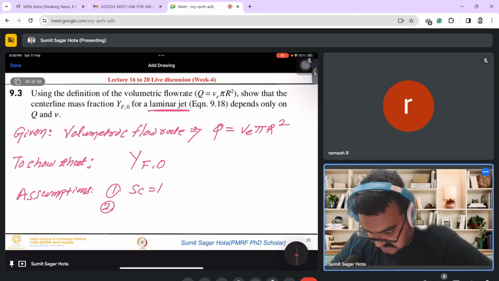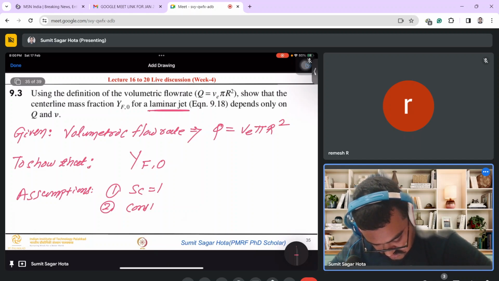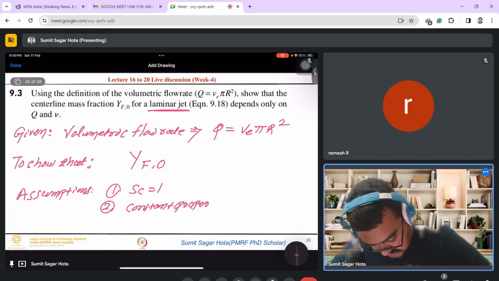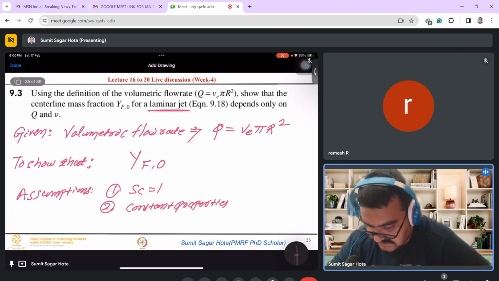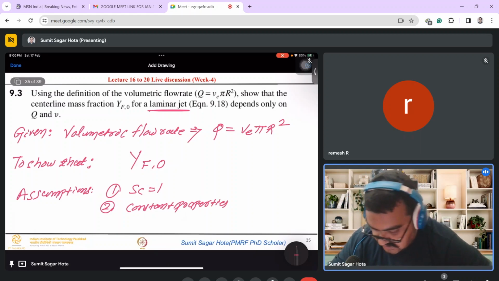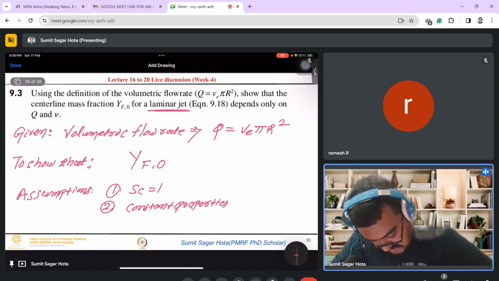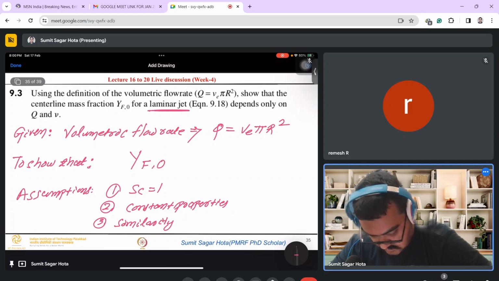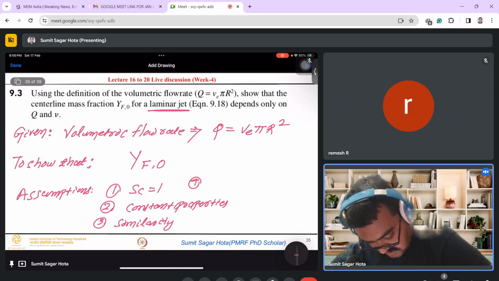You should know what the Schmidt number is also; you can search if you don't know. Constant properties: you are not taking any variable Cp or other variable things. Similarities. We are also applying Fick's law of diffusion.